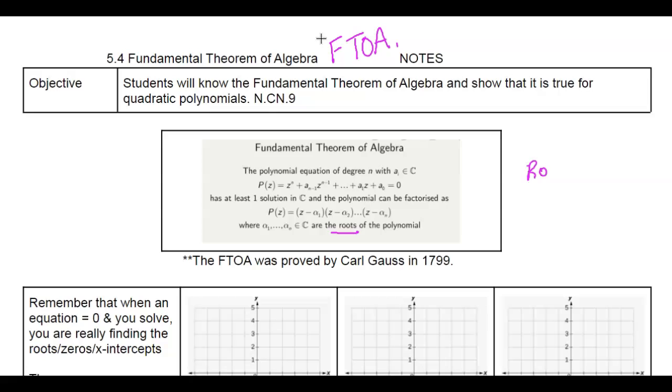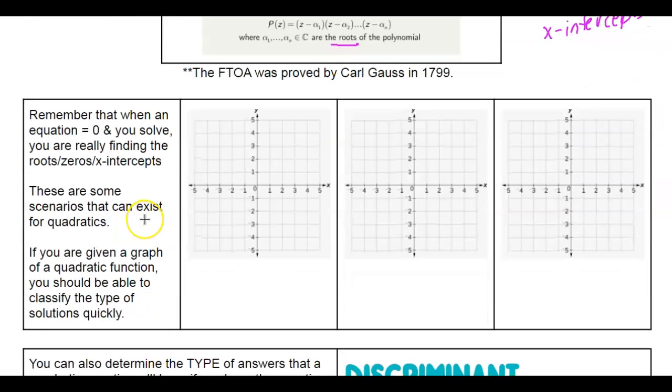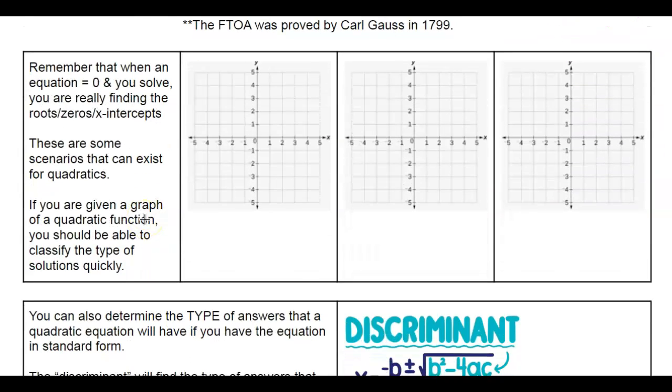Remember, roots, solutions, zeros, x-intercepts all meant the same thing. So what it's saying is that when you set an equation equal to 0 and you solve, you're really finding those roots. We did that back in the graphing unit of quadratics in Unit 4 this quarter, okay?